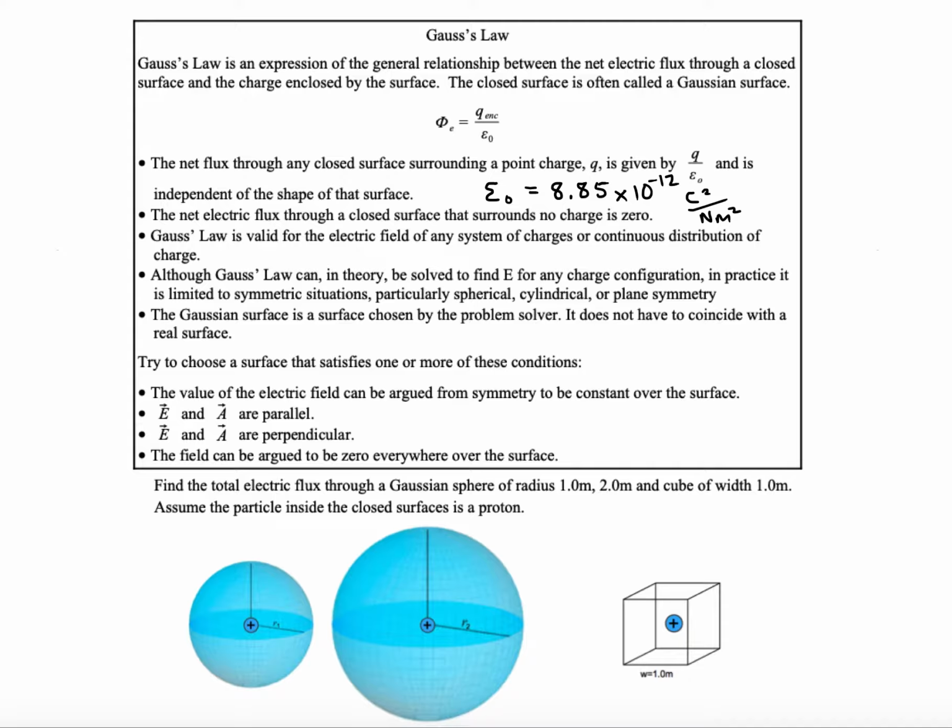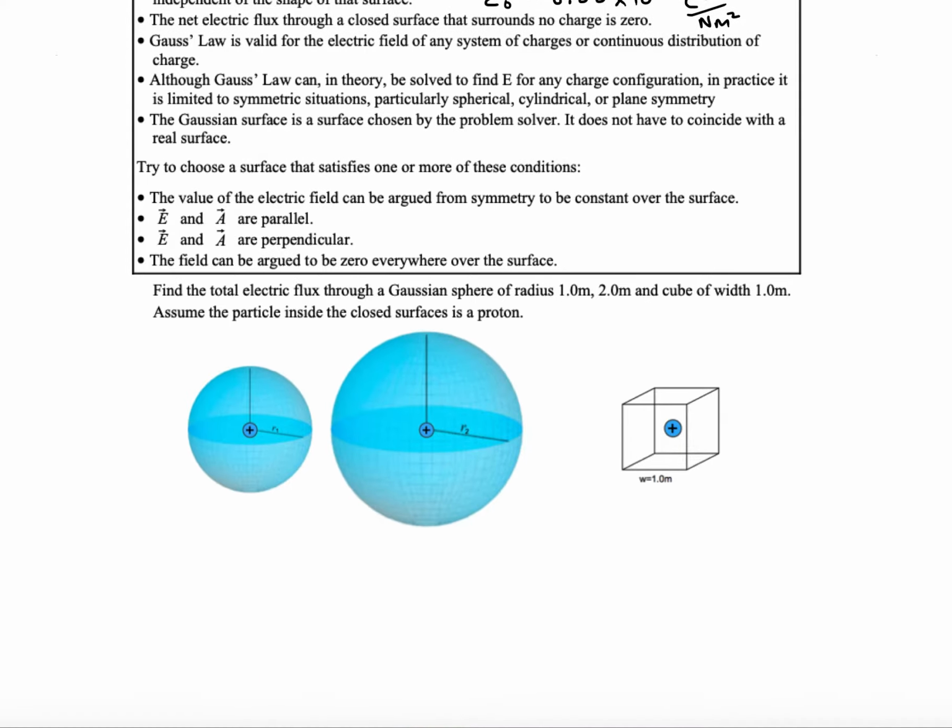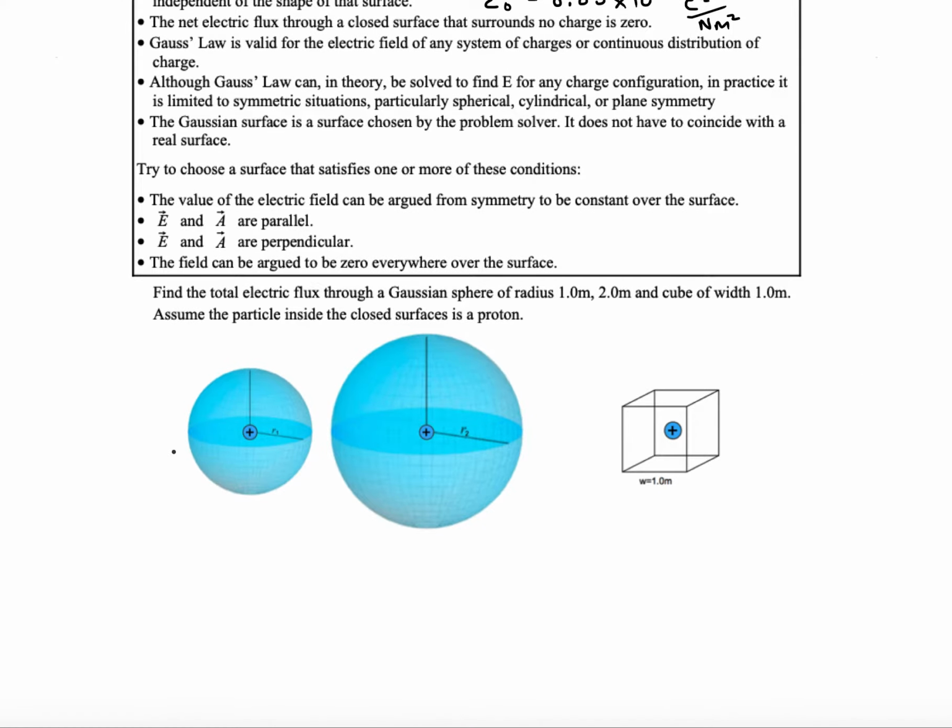Here we want to find the total electric flux through a Gaussian sphere of radius 1 meter. And I'll assume that the particle enclosed by this surface is a proton. An analysis of the situation could start with a drawing of the electric field that a proton emits.